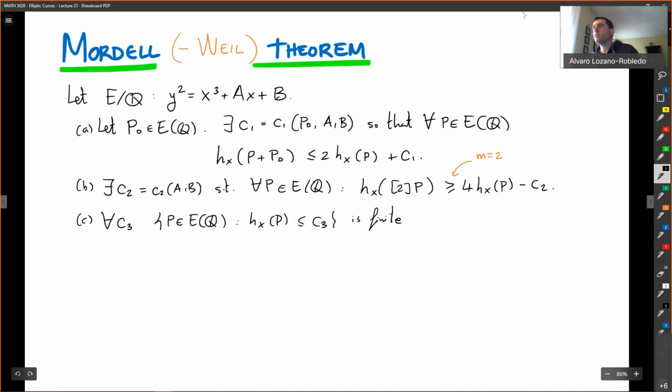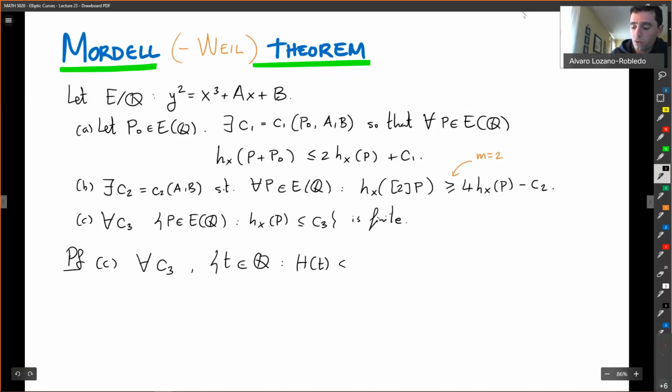Okay. So let's prove that. All right, so I'm going to prove part A first. Let me actually, part C is going to fit right here. So I'm going to just prove part C, which is really quick. For any constant C3, notice that the rational numbers of height at most capital H, height C, is finite.